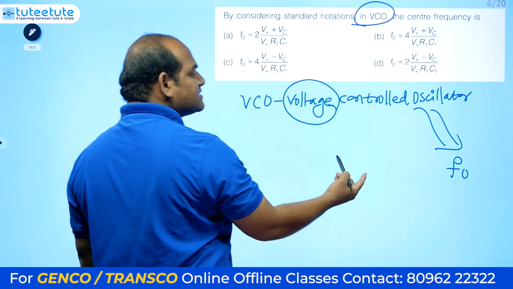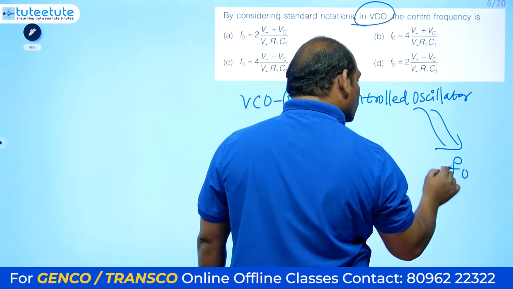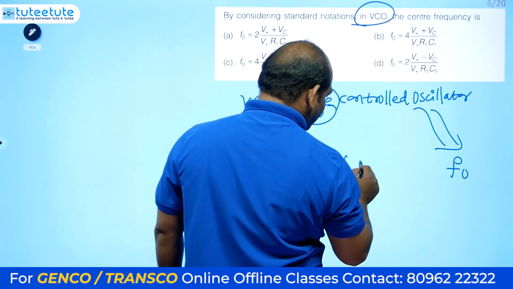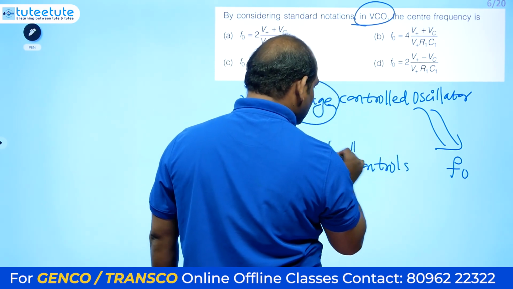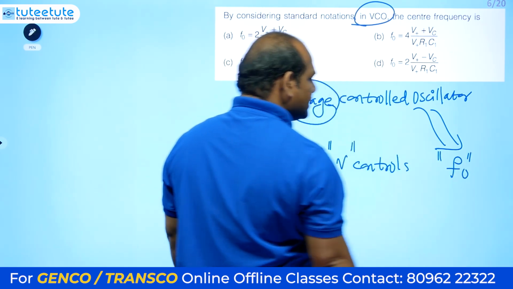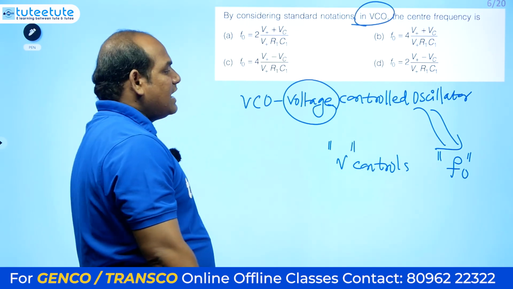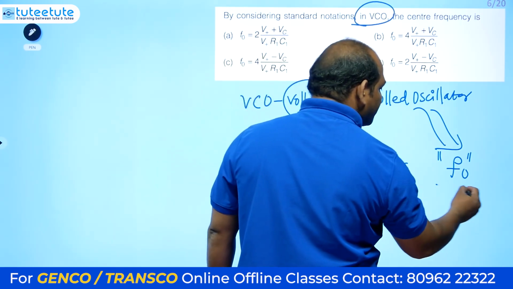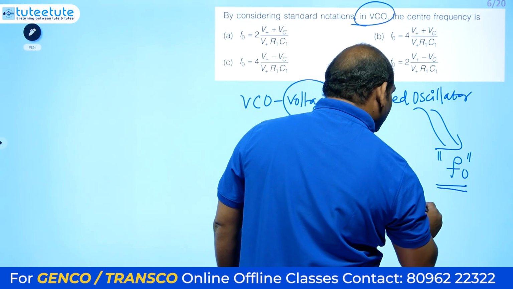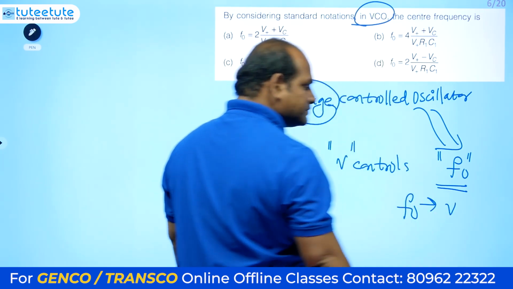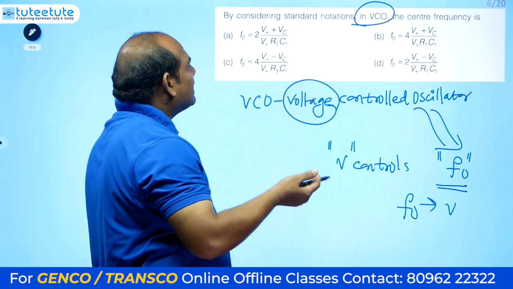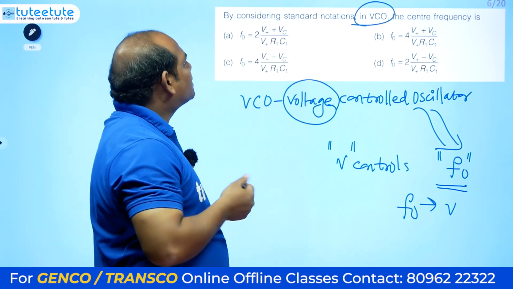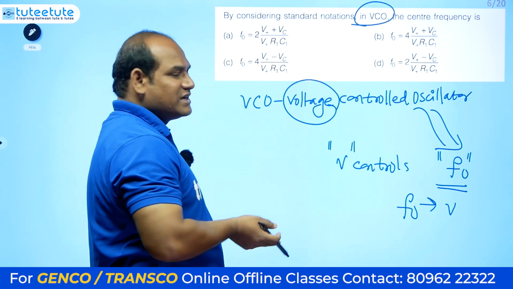Whatever the frequency is there, that can be controlled by voltage. So voltage controls frequency. That means if you take the equation of F naught, that should involve voltage. But if you see the options, all are frequency equations, all containing voltages only.